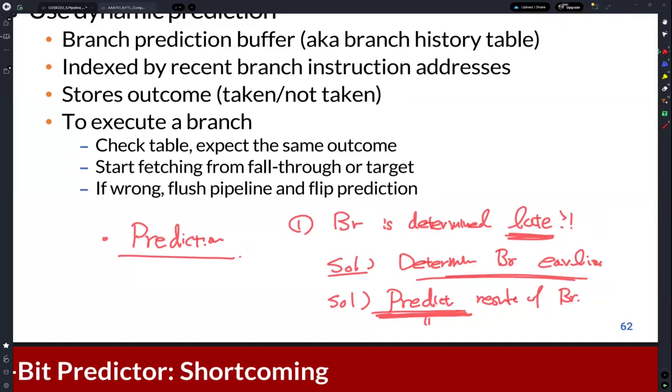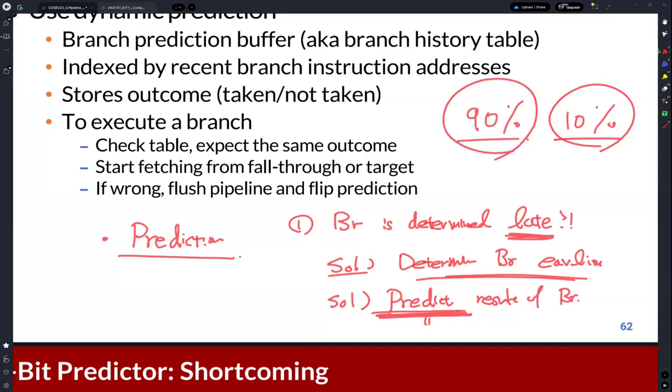So let us assume that we can predict some future events. Let us assume that we can predict the future event correctly 90% of the time, and 10% of the time our prediction can be incorrect.